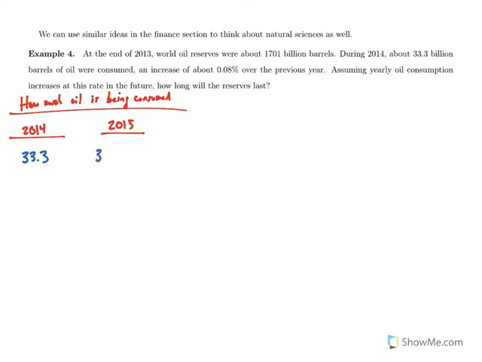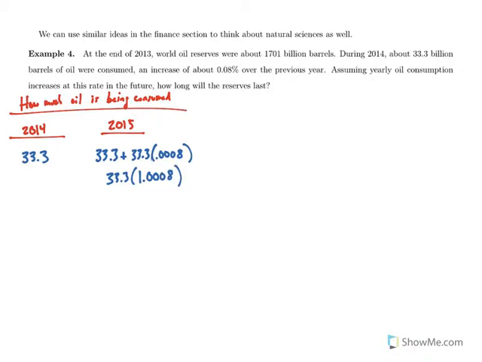So here we're going to have 33.3 plus an increase of 0.08%. That is 0.0008. In this case, that's going to be 33.3 times 1.0008.